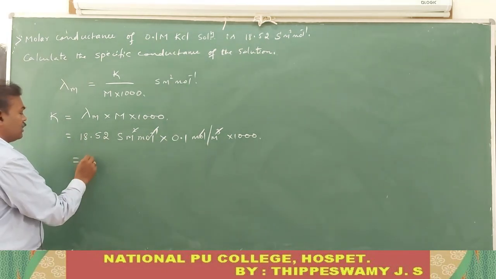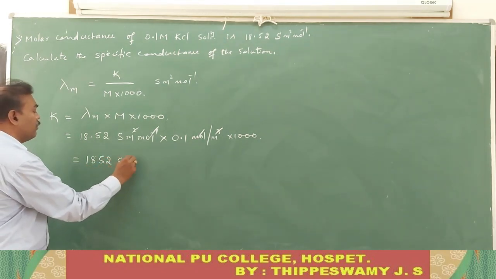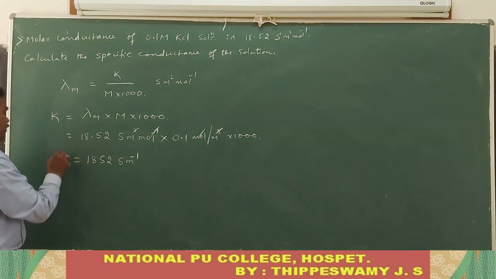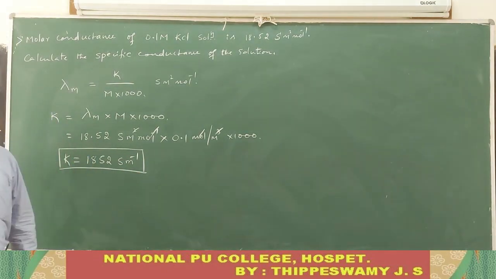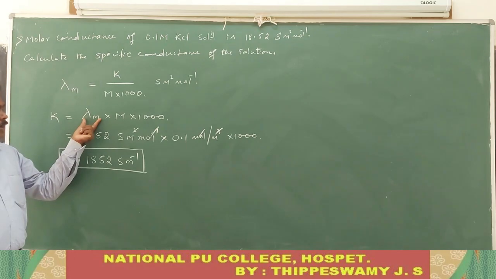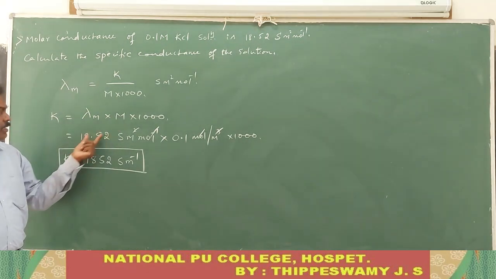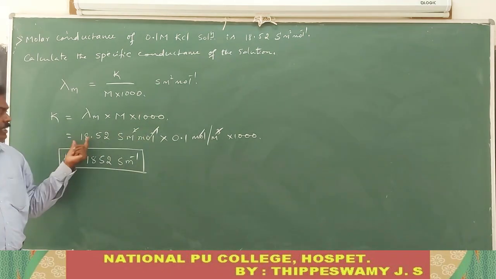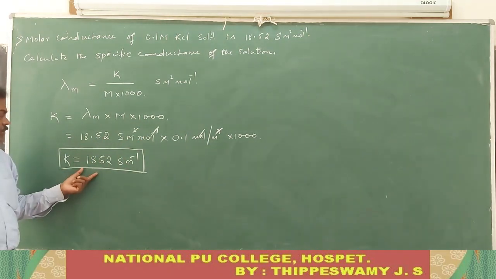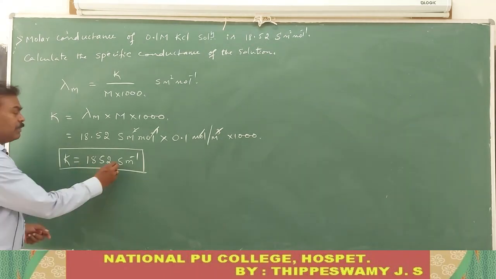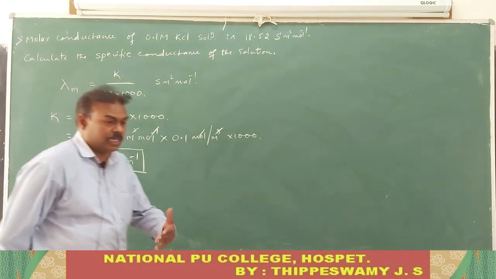Into 1000, it will be 1852 Siemens per meter, which is the value of the specific conductance. Okay, got it all of you? We substitute the value of lambda m, the value of the molarity, and 1000 is the constant. Then simplify. On simplification, we get the answer: 1852 Siemens per meter. Okay, we will go through the next one.